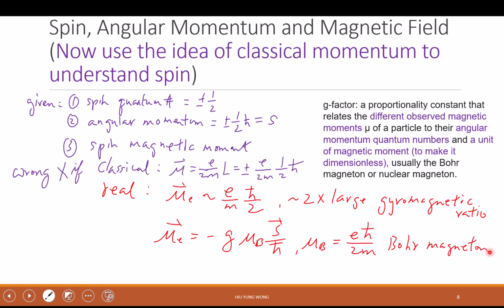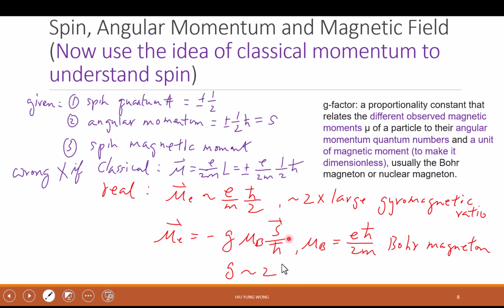If you substitute this to here, you will see that indeed this is correct with G approximately equal to 2.